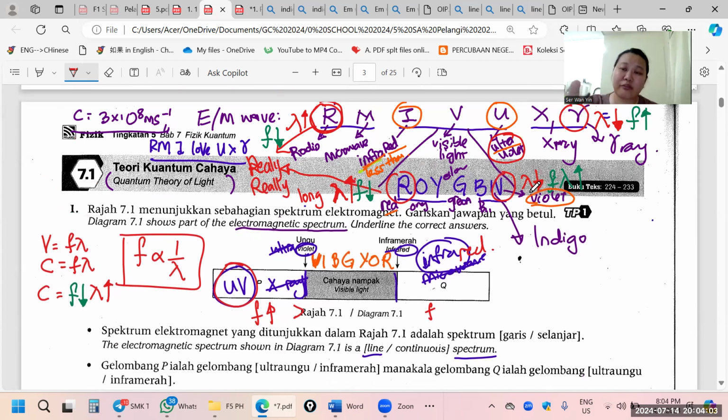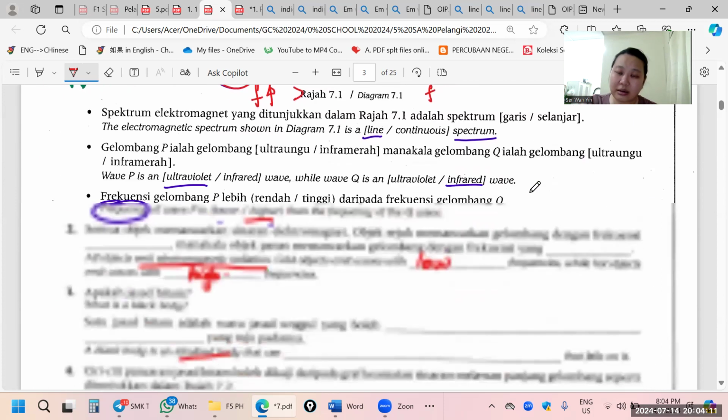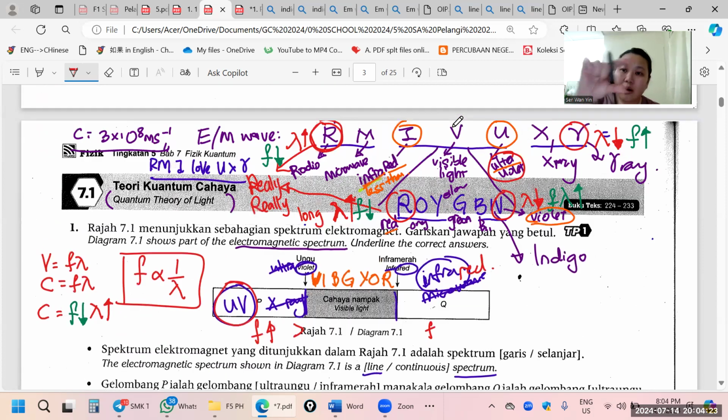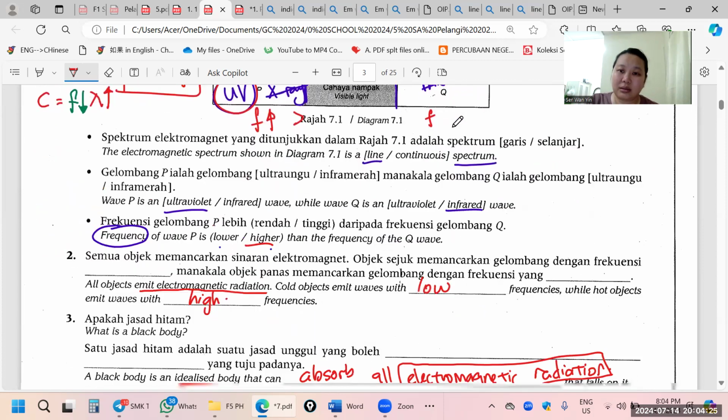Radio wave, microwave, infrared, visible light, ultraviolet, X-ray, gamma, red light, orange light, yellow light, green light, blue light, indigo, violet light, called EM radiation. So when I'm talking about EM radiation, I'm talking about all of this, right?